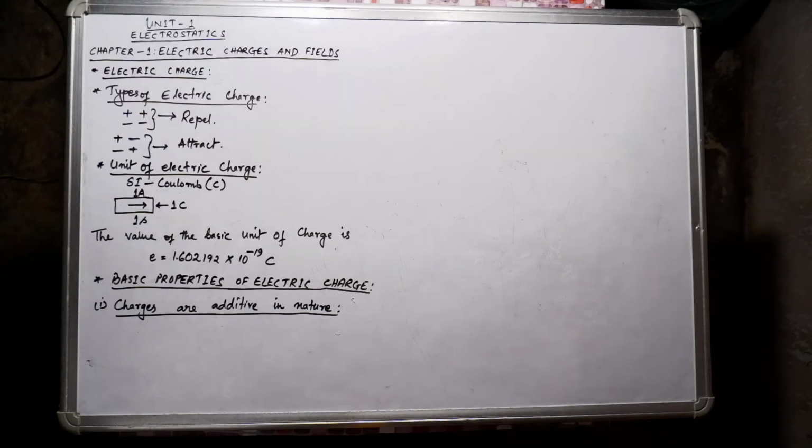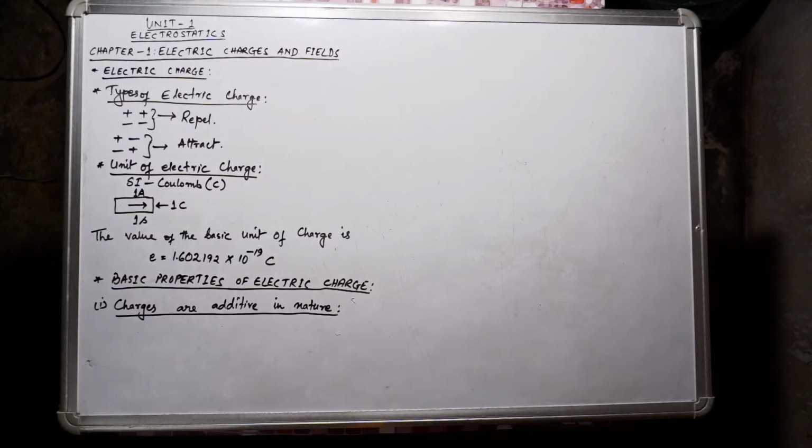This is a property by virtue of which the total charge of all the charges present anywhere in the system, we can get by adding them algebraically. That means we can get all the charges present in the system by adding them one by one, like 1 plus 1 plus 1 and so on. Algebraically means that we have to consider their signs also.